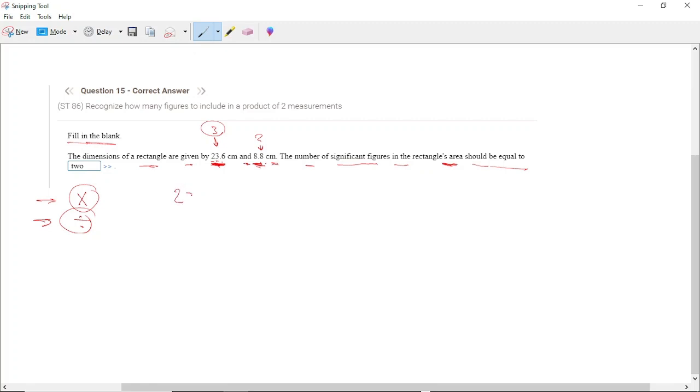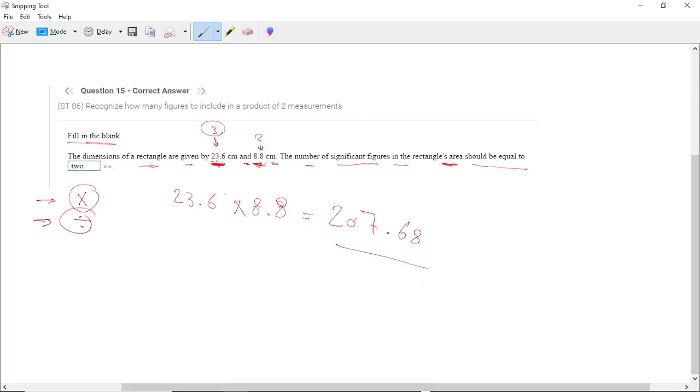Here we see this number is 23.6, multiplied by 8.8, right? So the answer of multiplication of 23.6 multiplied by 8.8 will be 207.68.